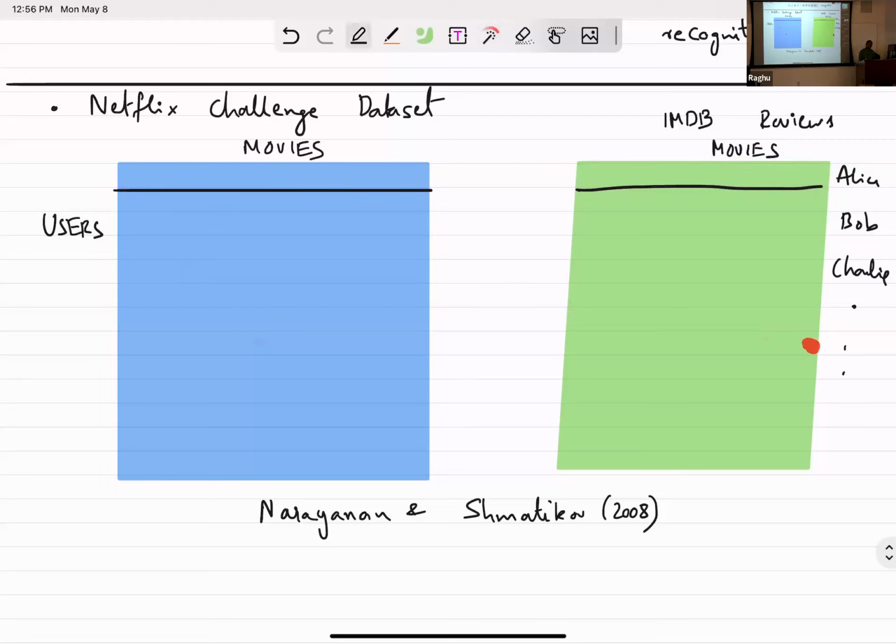For a significant number of people, they could identify which rows in this anonymized data set corresponded to which rows here. Even one person's leak is atrocious, but they could do it for many, many people. They could match, okay, this anonymized row corresponds to Charlie.